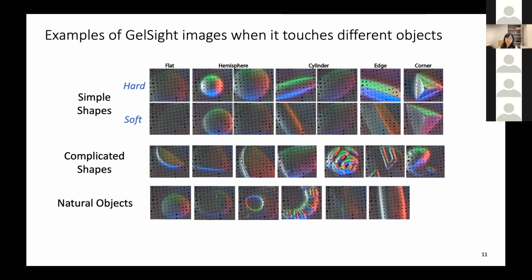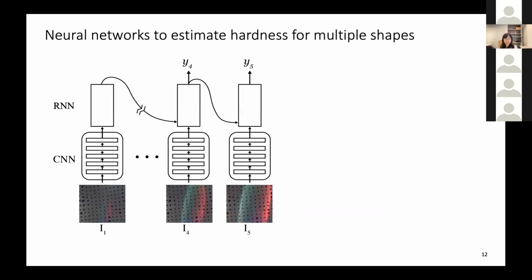How can we understand the hardness from this highly nonlinear and very high-dimensional data? We decided the neural network could probably be the only solution at this moment. So we build a deep neural network structure like this.